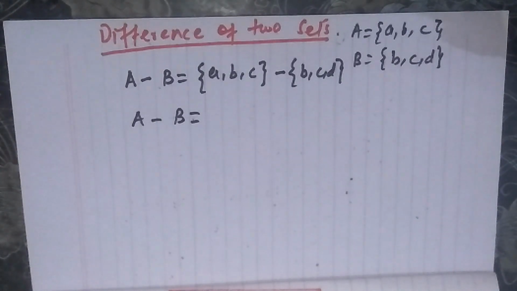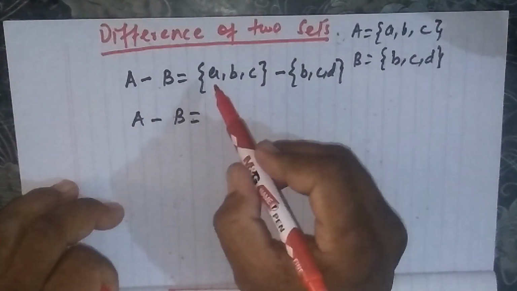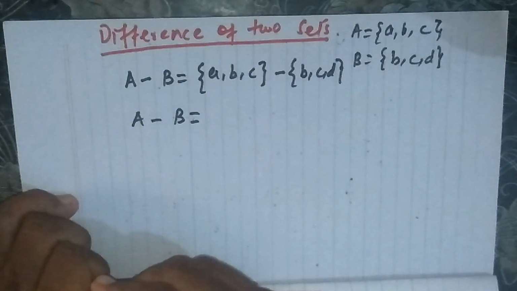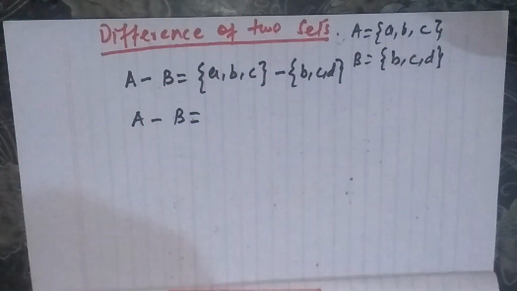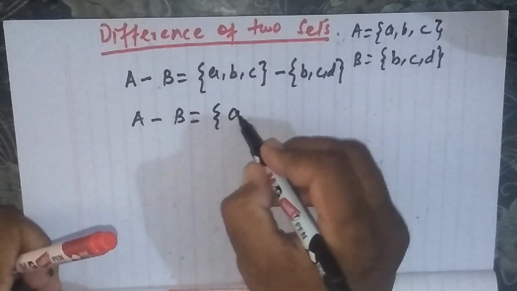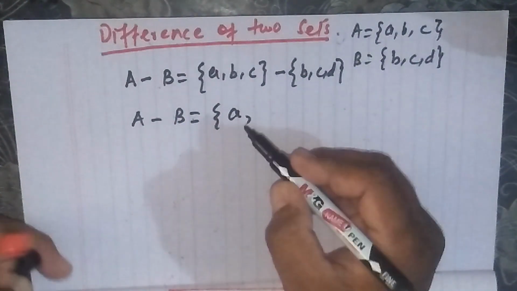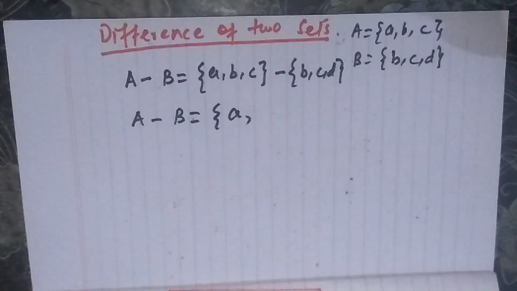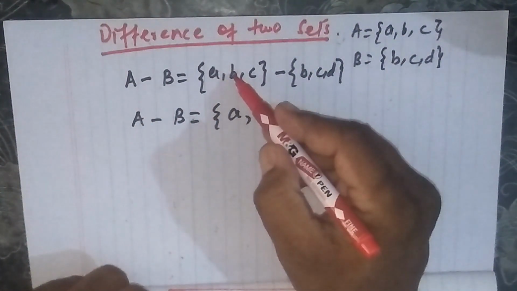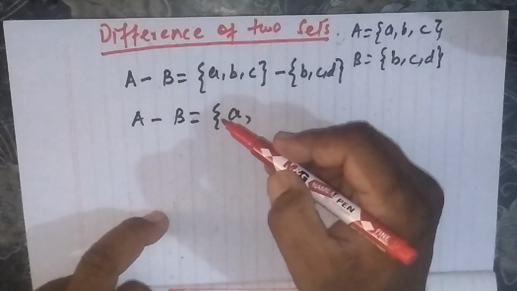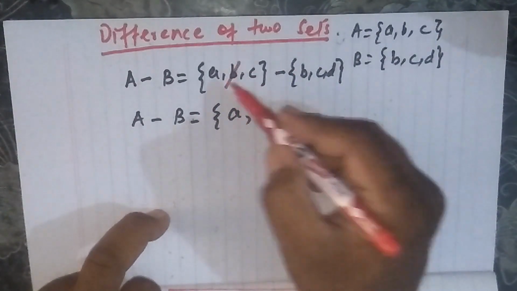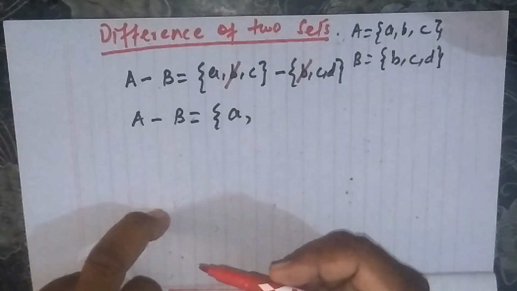So it is evident that we have to subtract the elements of set B from set A. We see that A is present in set A but is absent in set B. So it will remain here. We see that element B is in set A and also present in set B. So this will be cancelled out.